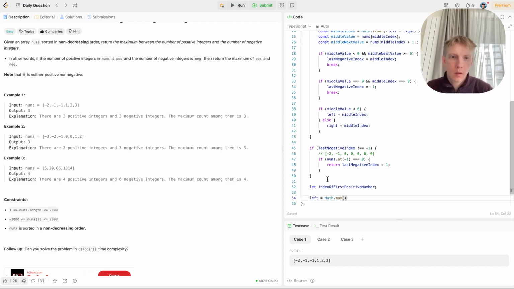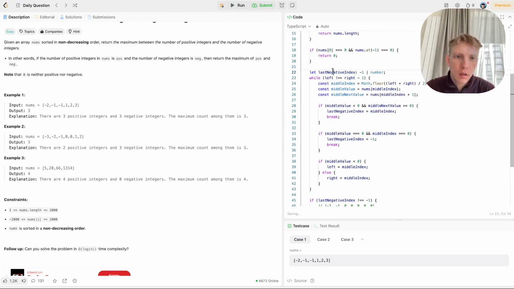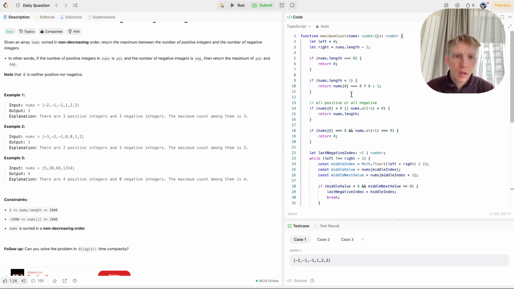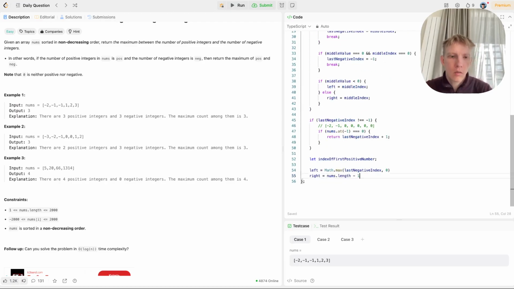Max. Left is the negative index and 0, and right is again the right side of expression.